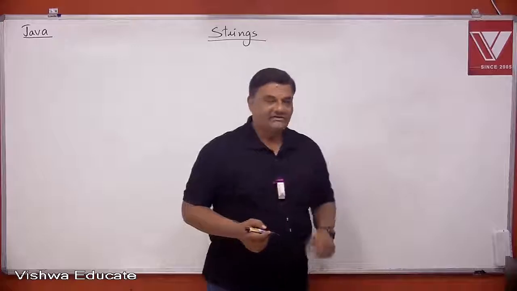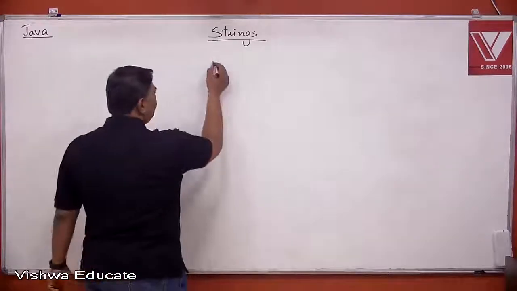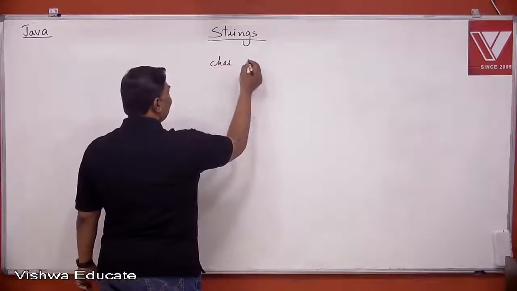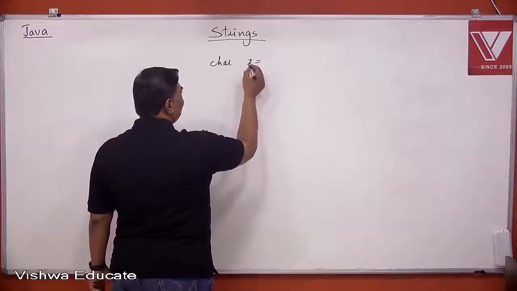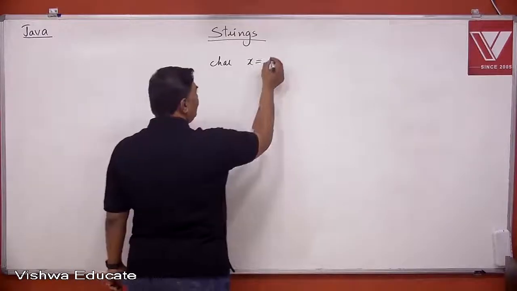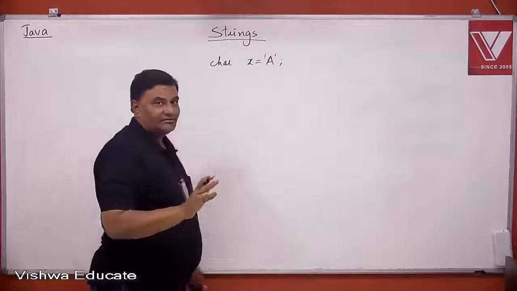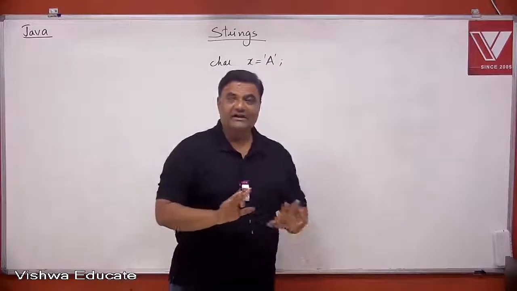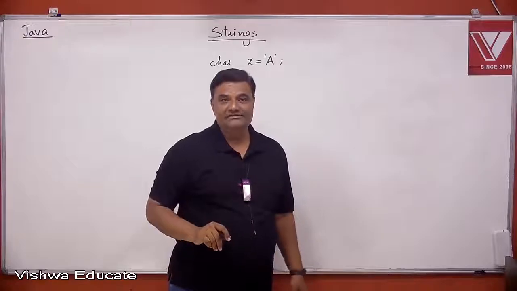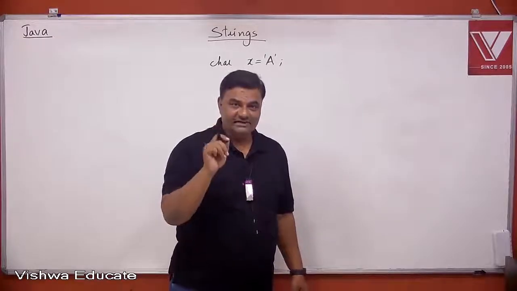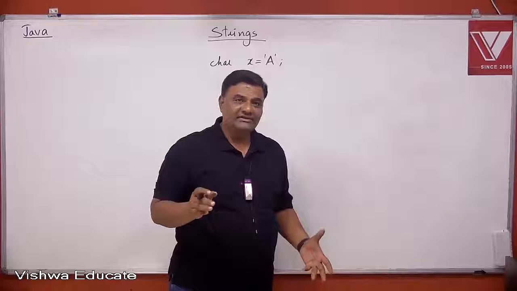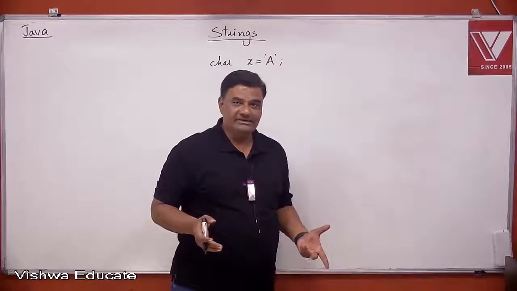What is a string? If I have a character type variable X, then what can I store in this one? I can store just a single alphabet, not more than one. I cannot have multiple alphabets in a single character type variable. Just one alphabet may not be sufficient many times.